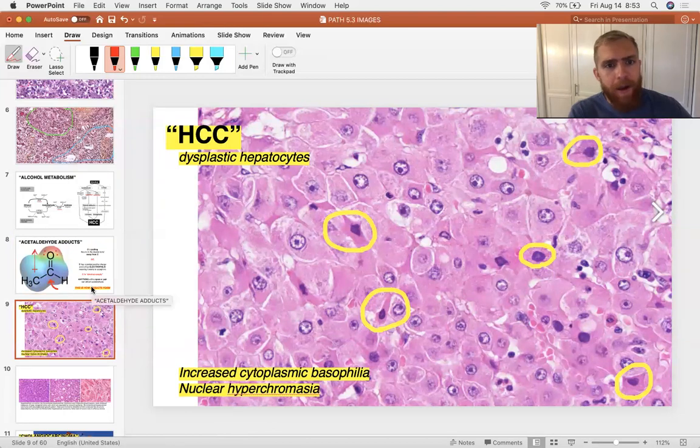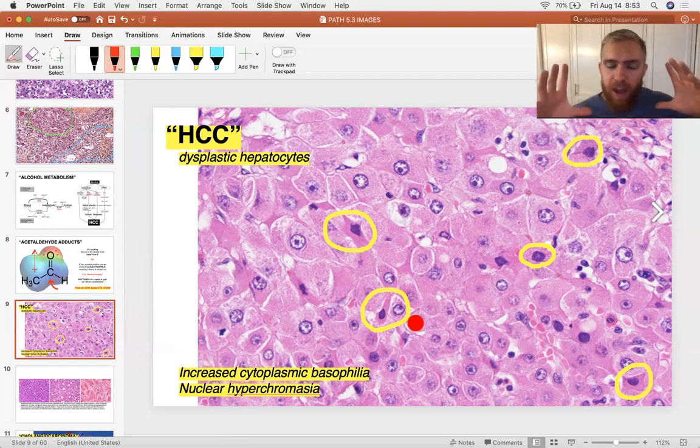So looking at hepatocellular carcinoma, I know we're still talking about the risk factors, but here's what it looks like. You're going to see dysplastic hepatocytes, and they're going to have large, round, dark purple nuclei, and they're going to be a really weird shape, not that typical fat, lots of cytoplasm, polygonal shape, but they're going to be kind of scrunched, and they're going to be more basophilic, so they're going to be a darker color.